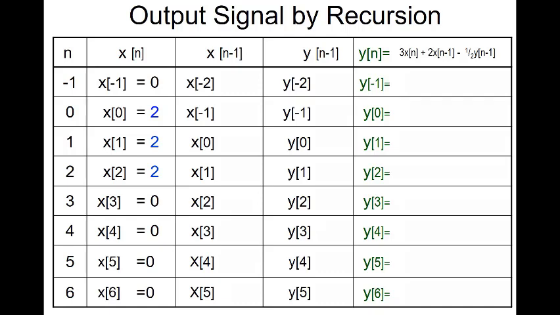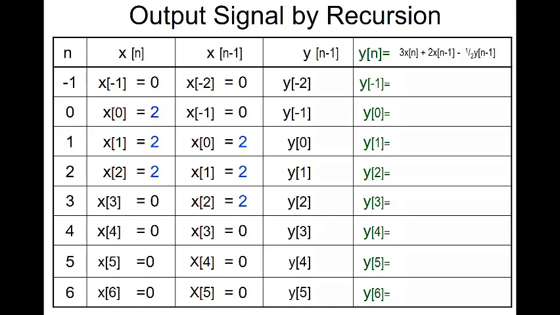All right. So for my x of n minus 1, I've got all the values of x of n, so I just need to copy them down. This 0 goes over here now, this 2 goes down here, and so on and so on. It's shifted down by 1. Everybody okay with that? Makes sense.